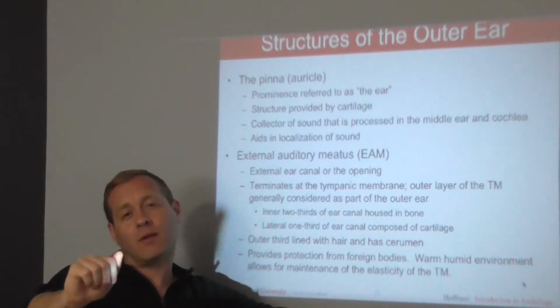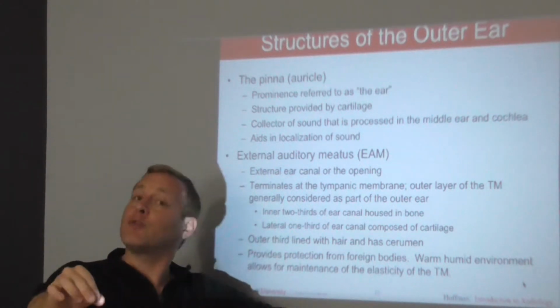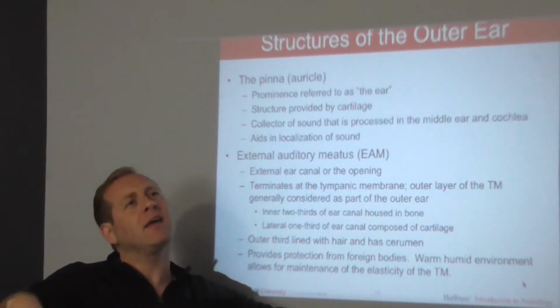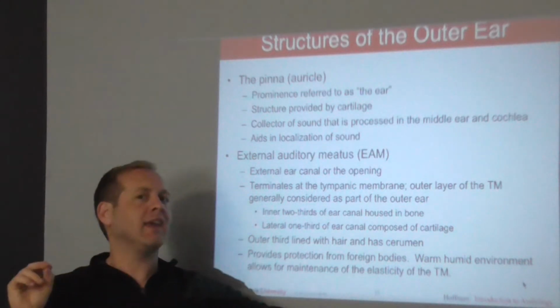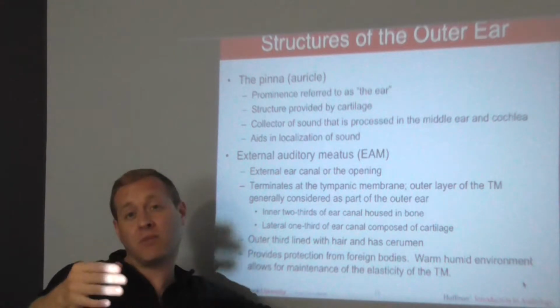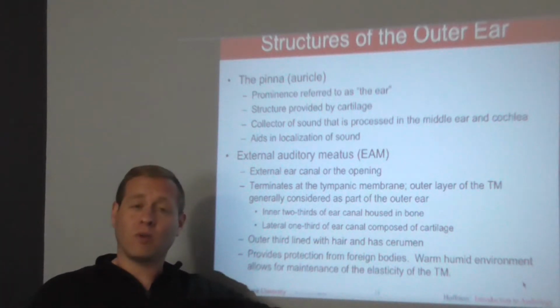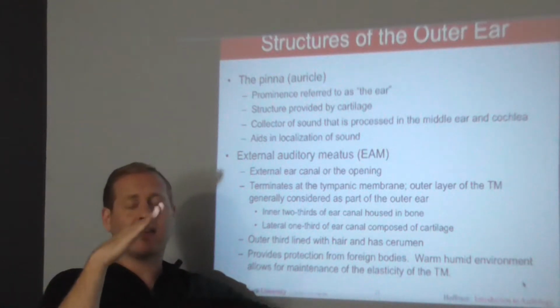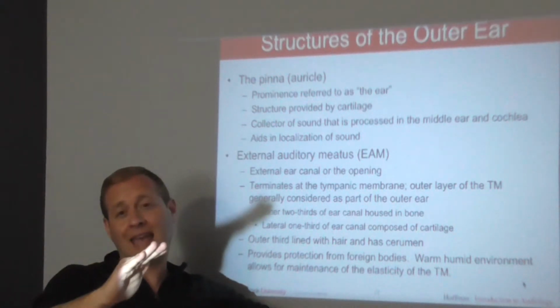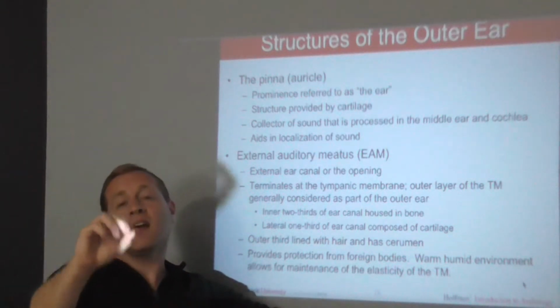Protection from foreign bodies, allowing the tympanic membrane to move. Cerumen should naturally make its way out of the ear, so if anything gets collected in the cerumen, like dust or tiny bugs, it should make its way out of the ear on its own, okay? One, because the ear, like I said before, is on a slight angle, so it works its way out.